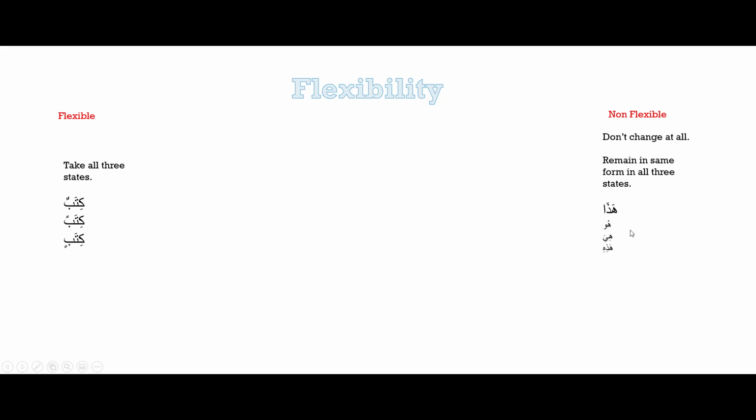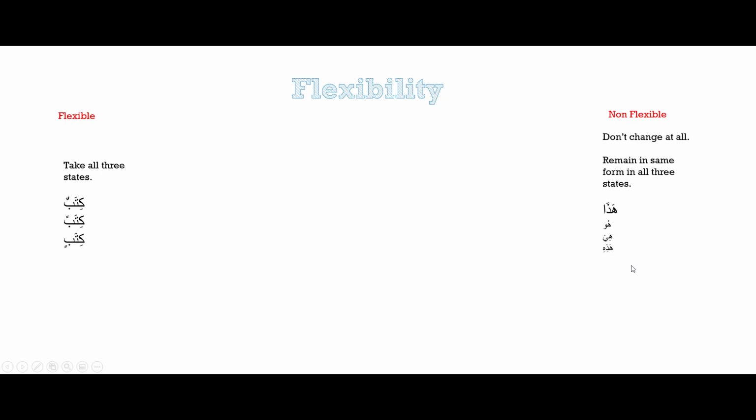We haven't covered many of the non-flexible words to give you examples here, just very few, and even that not complete, but I'm trying to give you an idea. The non-flexible words that we have covered so far are haza, the pointer pronouns, if you remember from the previous lessons, and huwa, hiya, those personal pronouns, as well as hazihi.